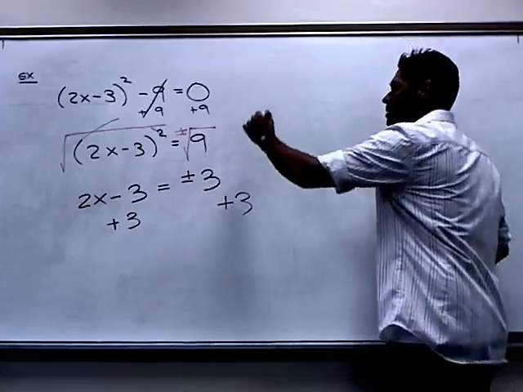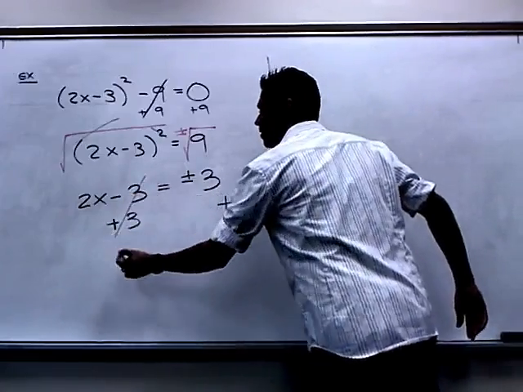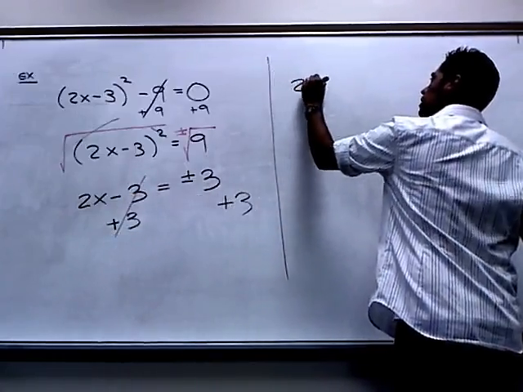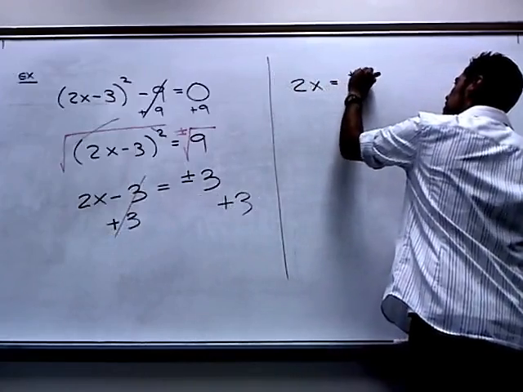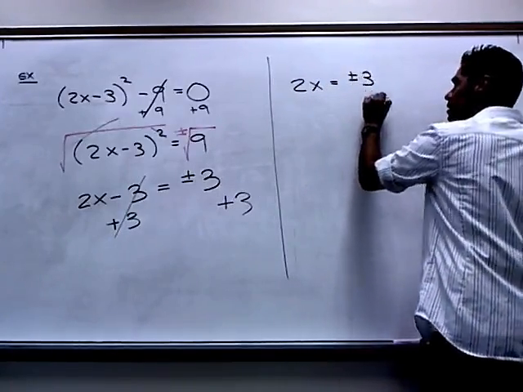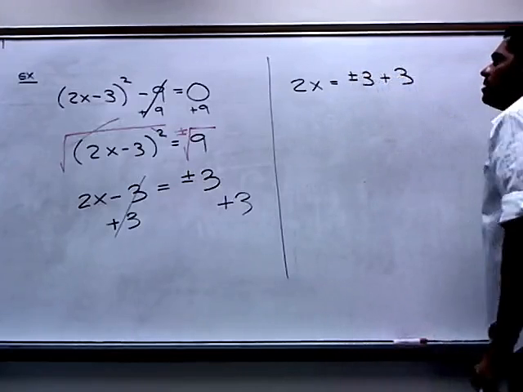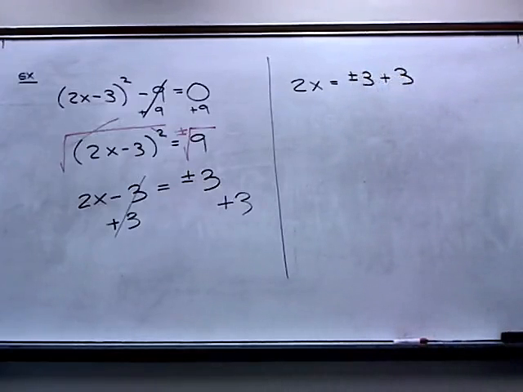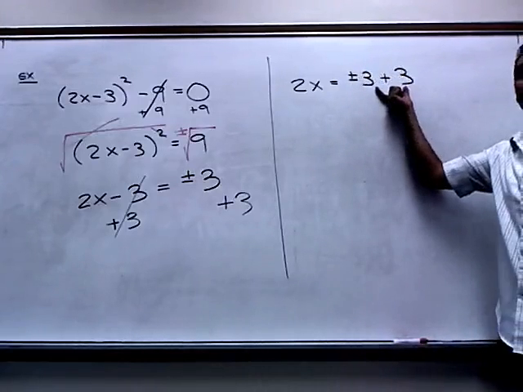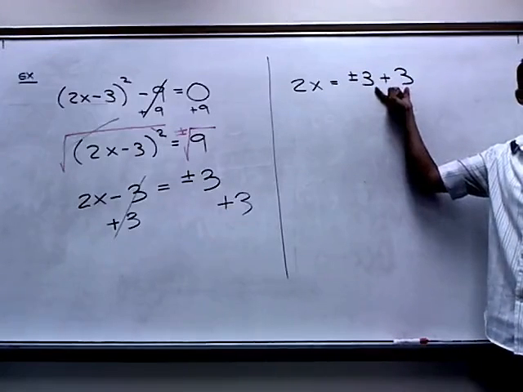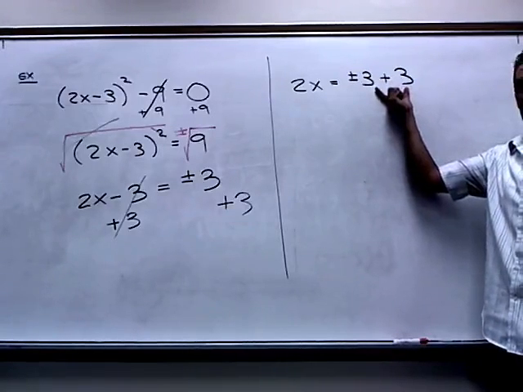So watch the way I write this. I'm just going to write 2x equals plus or minus 3, and then add that 3 on the outside, like that. I'm not actually going to do the addition yet. Got it? Questions?